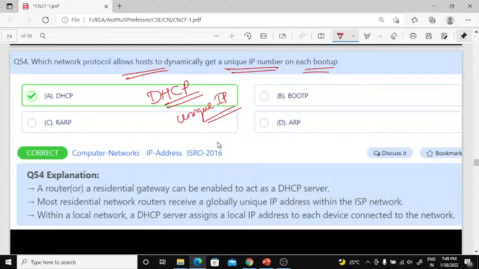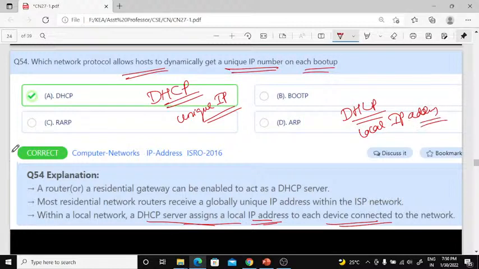Most residential network routers receive a globally unique IP address within an ISP network. Within the local network, the DHCP server assigns the local IP address to each device connected to the network.